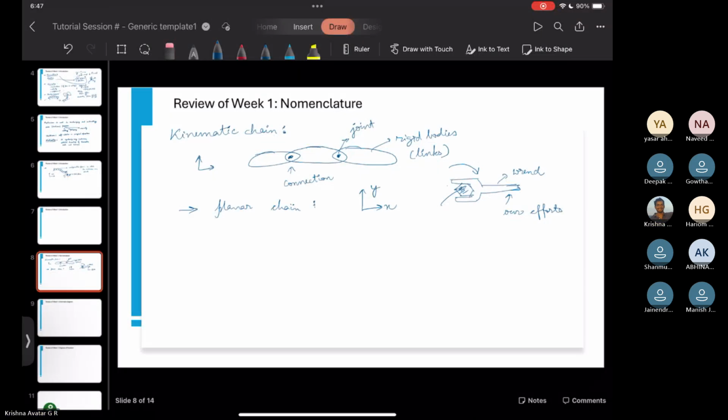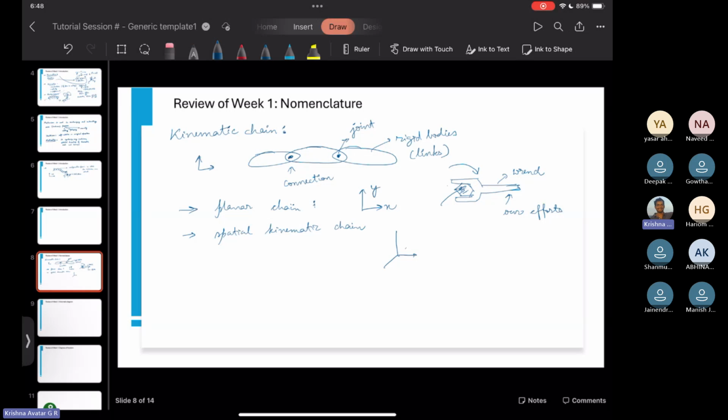Then we have something called a spatial kinematic chain. In a spatial kinematic chain, the mechanism can move in 3D, so the motion will be in 3D.